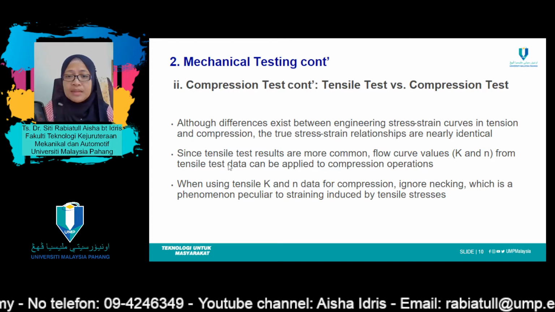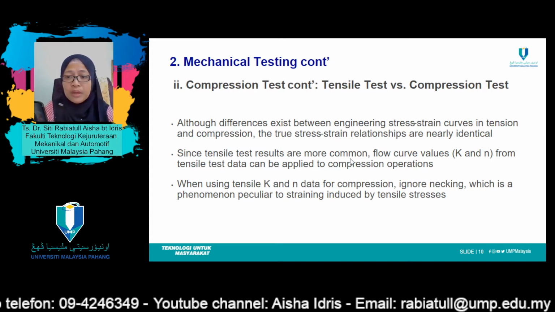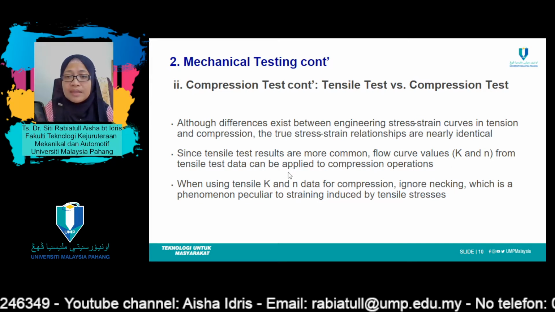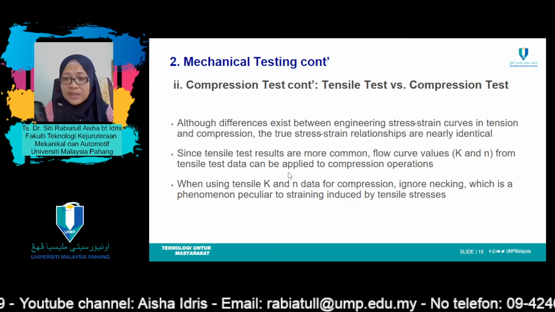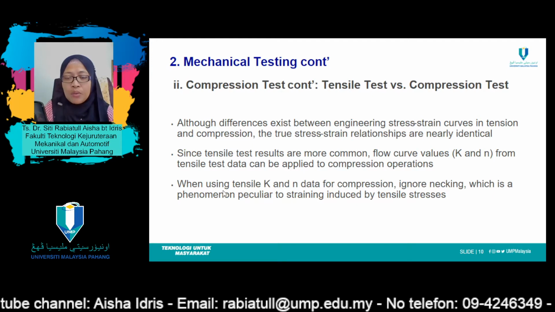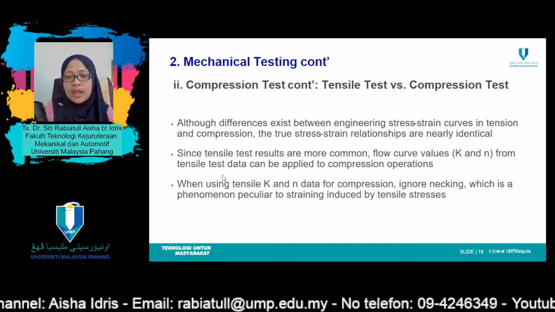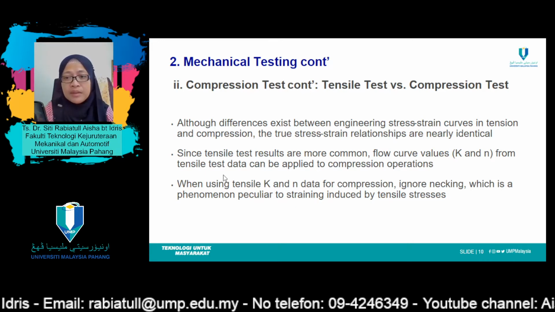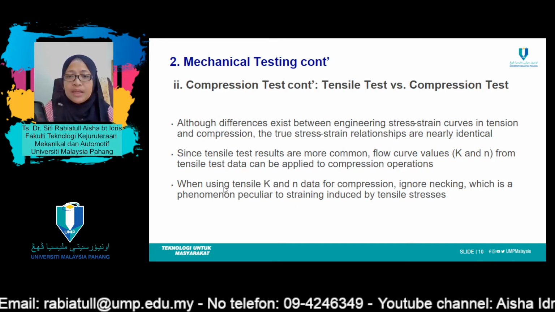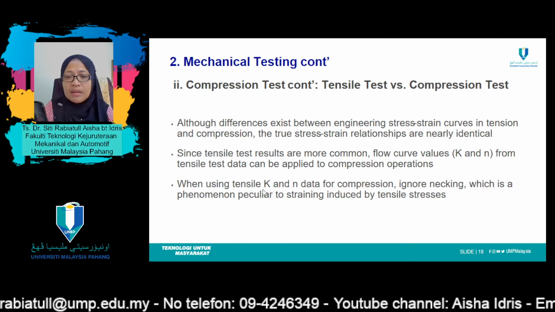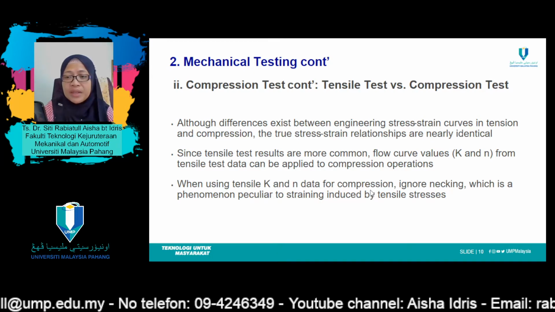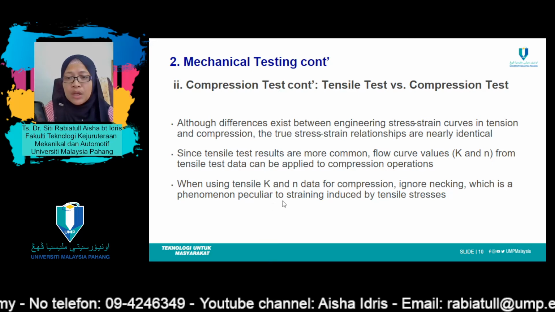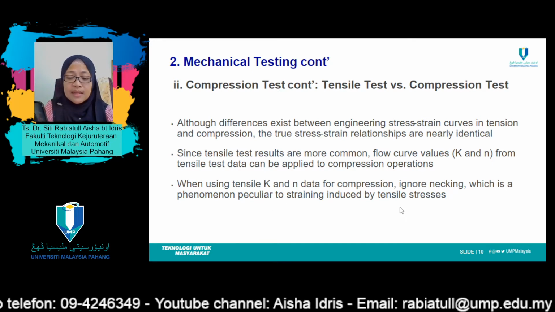Number 2, since tensile test results are more common, flow curve values from tensile test data can be applied to compression operations. Normally there is also a formula to convert from tensile to compression data. When using tensile K and n data for compression, ignore the necking, which is a phenomenon peculiar to straining induced by tensile stresses.